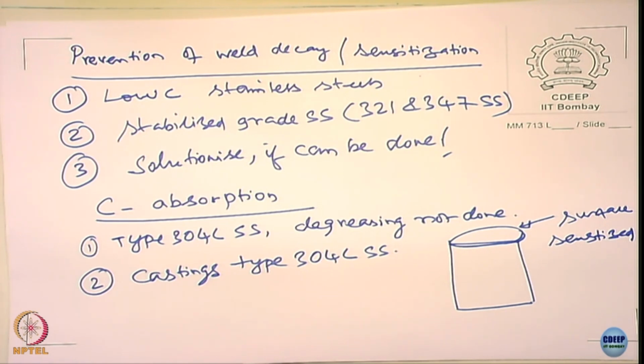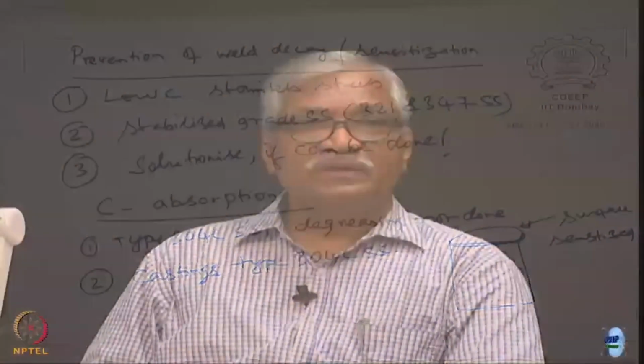How many of you are familiar with the foundry technology here? In a foundry, you prepare a mold, and in the mold you pour the 304L stainless steel, where the carbon content is 0.03 or lower, okay. The surface is getting like this. What do you think happens?